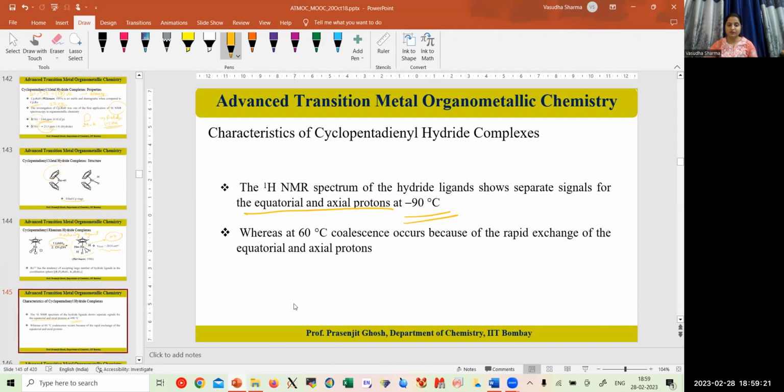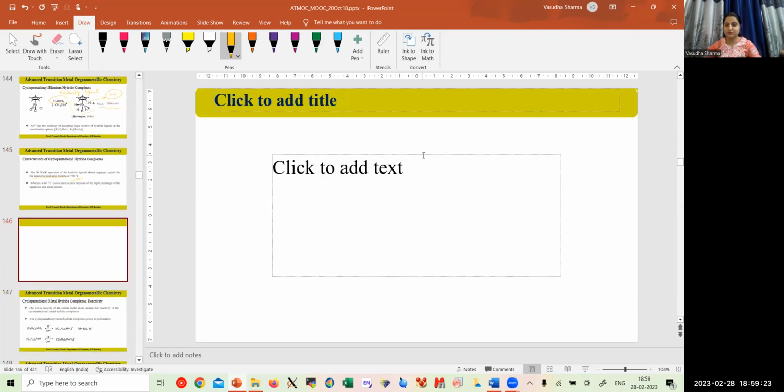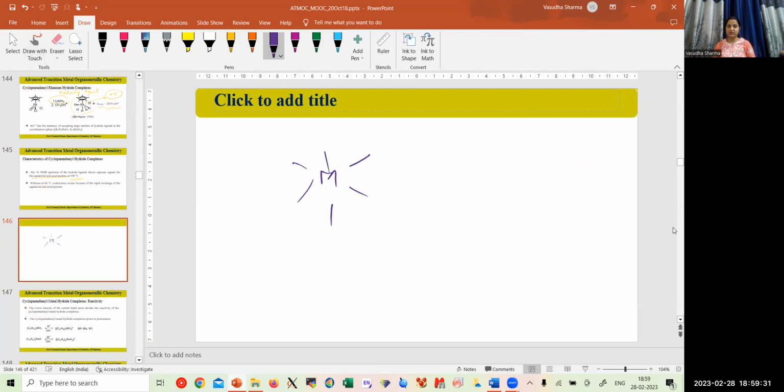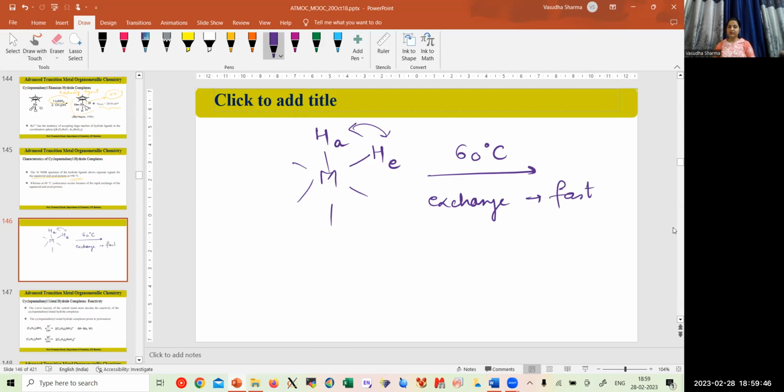So for making this system to understand what they are trying to say, suppose I'm taking a general case where I have a hydride H and this is equatorial. So when this is occurring at 60 degrees, the exchange becomes so fast.